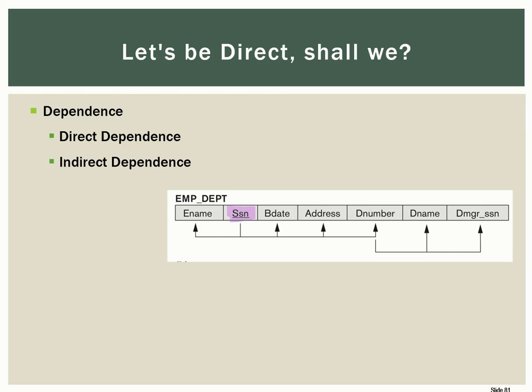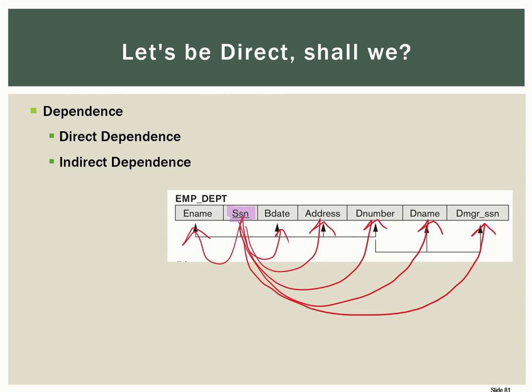So if I have a Social Security number, there's one employee name, there's one birth date, there's one address. There's also one department number. There's also one department name, because employees can only work for one department in this. And there's also one Social Security number for the department manager. So we would say that all the other fields are dependent on the Social Security number.